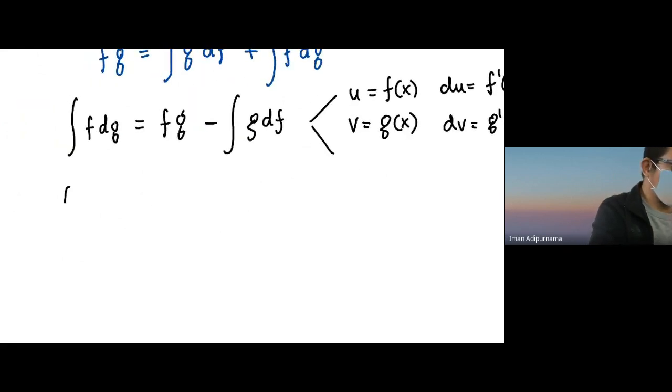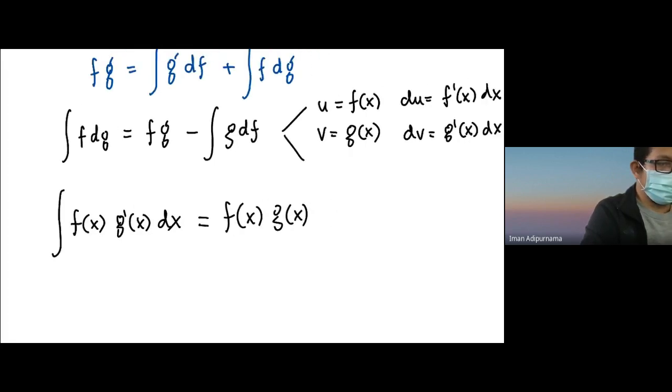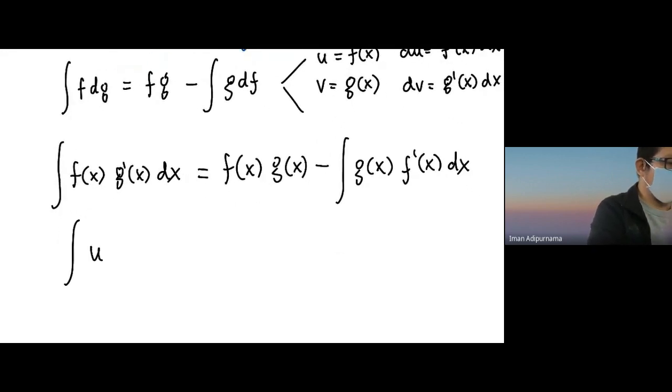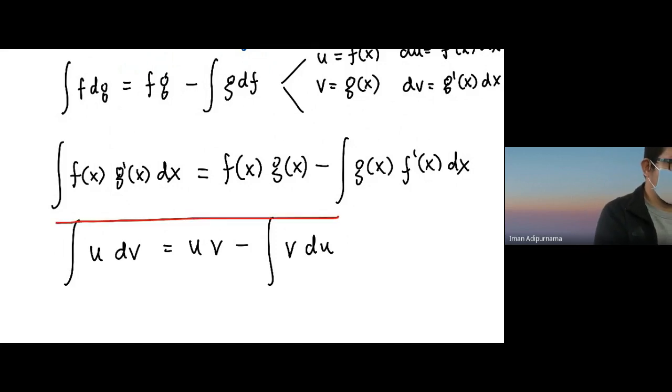So f of x times g prime x dx equals f of x g of x minus g of x f prime x dx. Or we have u dv equals uv minus v du. And this is what we call integration by parts.